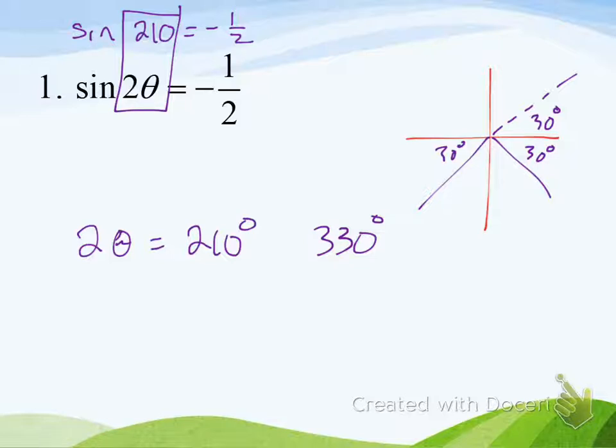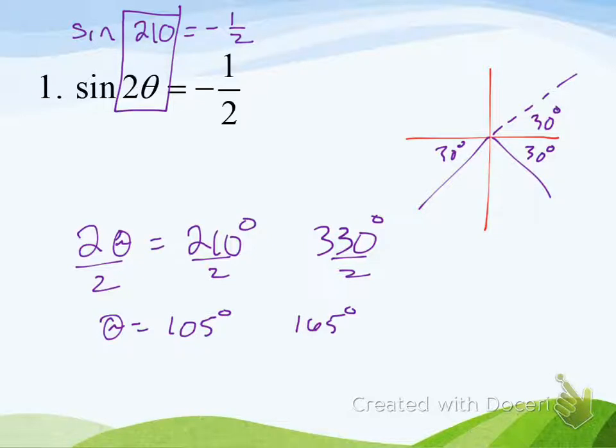So to actually find our missing value of theta, we've got to divide by 2. So we're going to divide both of these by 2, and we get 105 and 165. And so again, these are solutions. 105 and 165 are what we should plug in for theta.